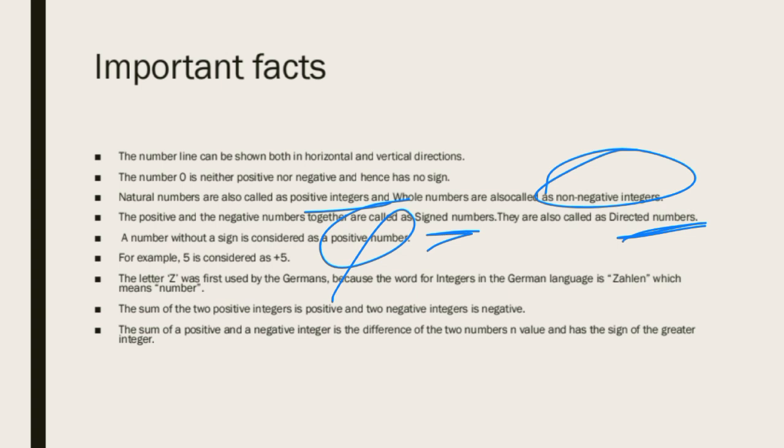For example, 5 is considered as plus 5. The letter Z was first used by the Germans because the word for integer in the German language is Zahlen, which means number. The sum of two positive integers is positive and the sum of two negative integers is negative.